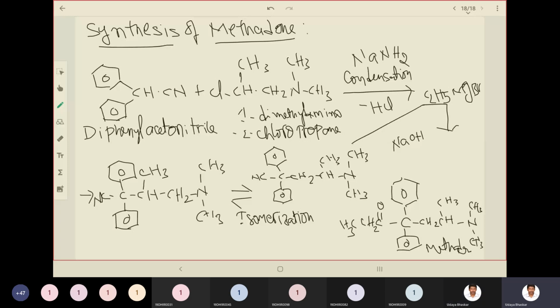Right? So having seen the structure of propoxyphene also, let us move on to the next category, that is morphinan analogs. We have one example for morphinan, that is pentazocine. We have another example for morphinan, that is levorphanol.